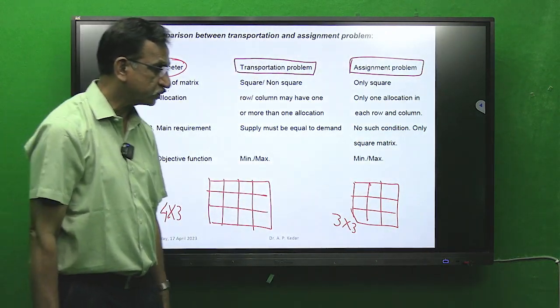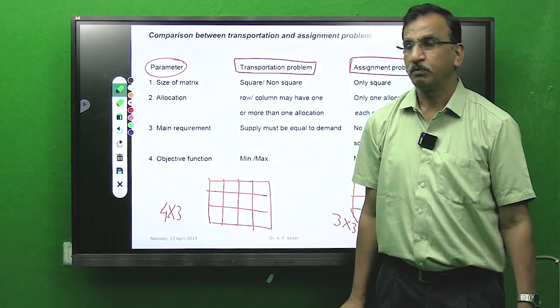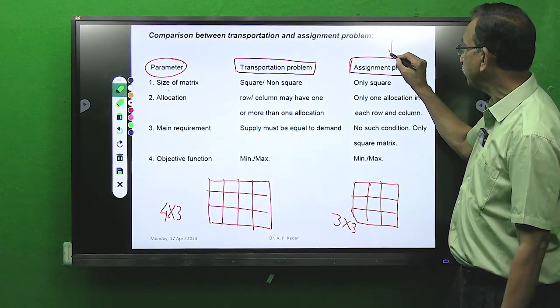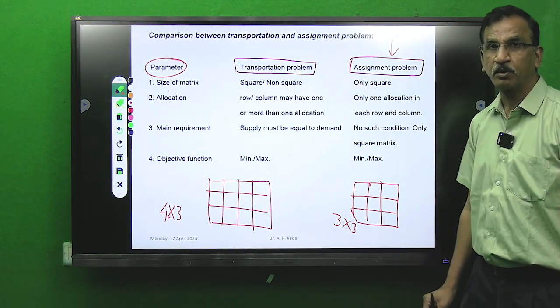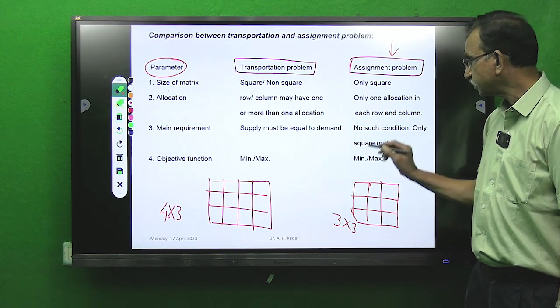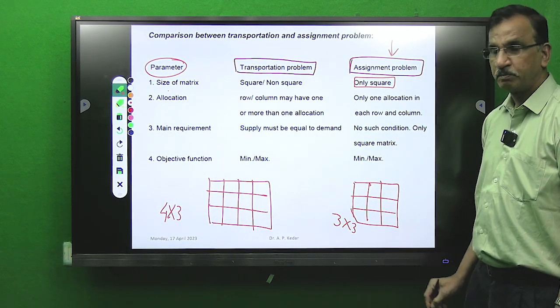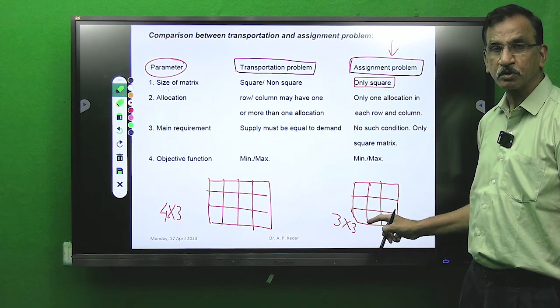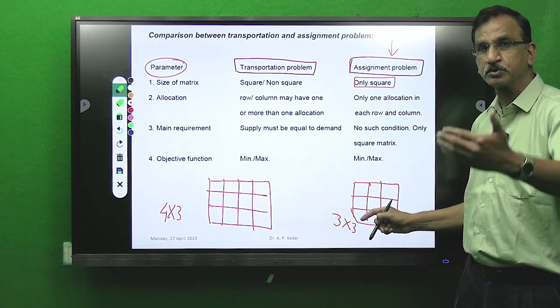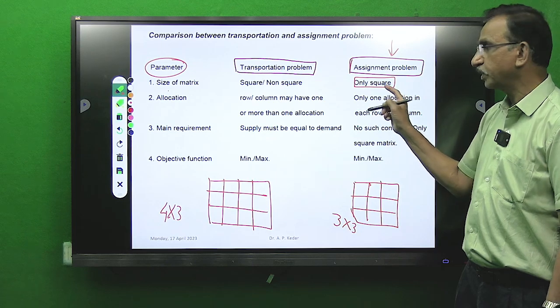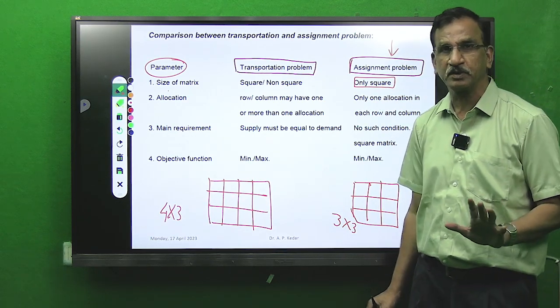So remember students, the very important condition when you are attempting a problem with the help of the assignment model is you must satisfy this condition, only square. Means the number of rows and number of columns of the given matrix before we proceed has to be a square one. If it is not square, we have to make it square.